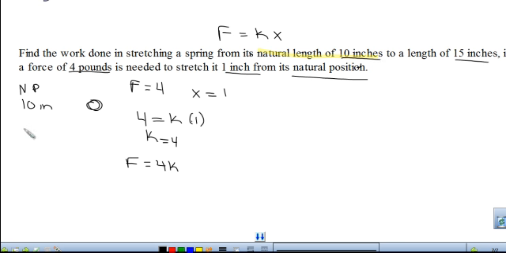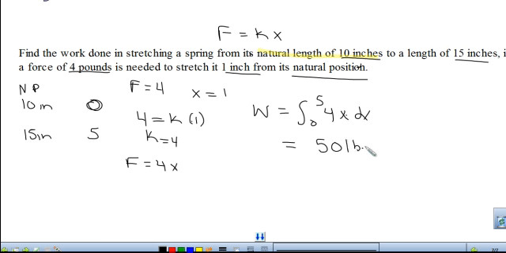So I'm stretching it from 0 to 5. So my work done is going to go from 0 to 5 of 4x dx. So my work done would be 50 pound-inches.